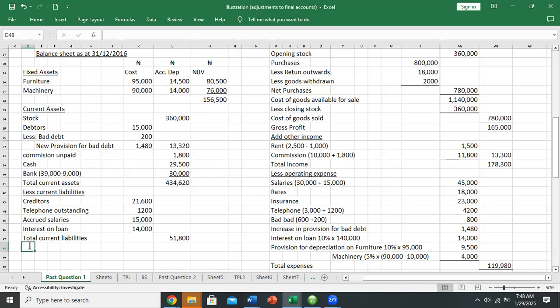So working capital is there, we have it. We add it to the fixed assets so we can arrive at our net total asset.